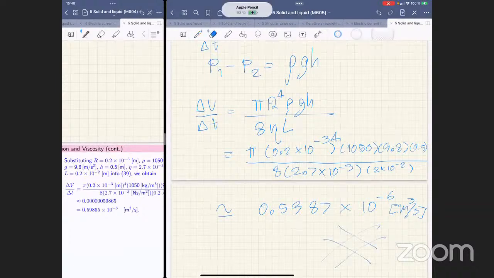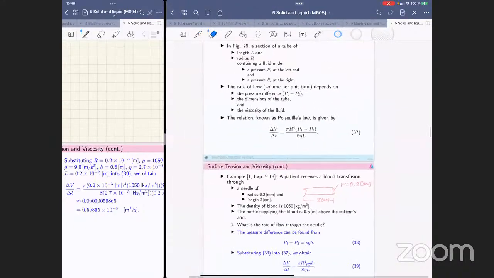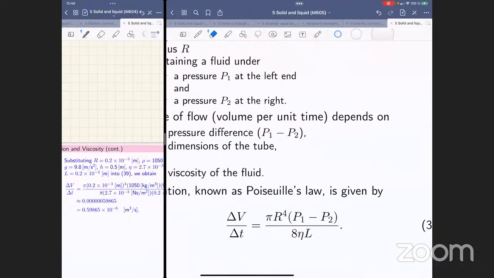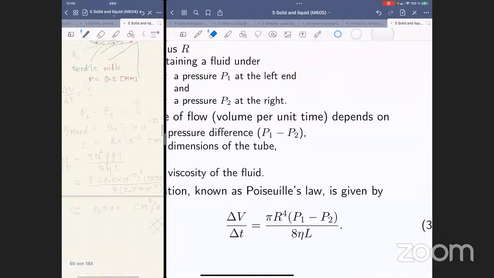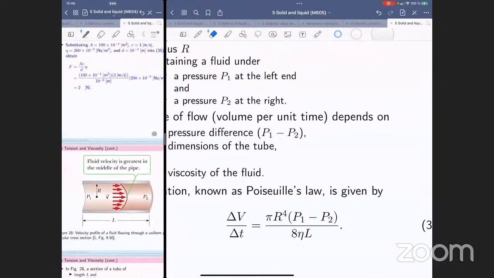Now you have seen how to apply the Poiseuille formula. The flow rate of a liquid flowing through a pipe depends on the radius, the pressure difference, the viscosity of that fluid, and the length of the pipe too.